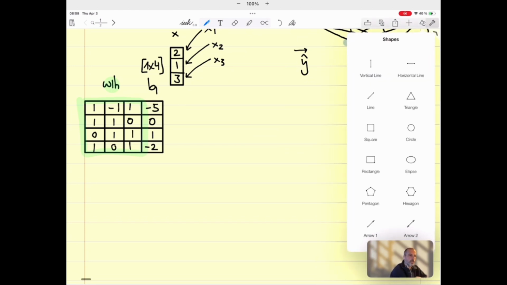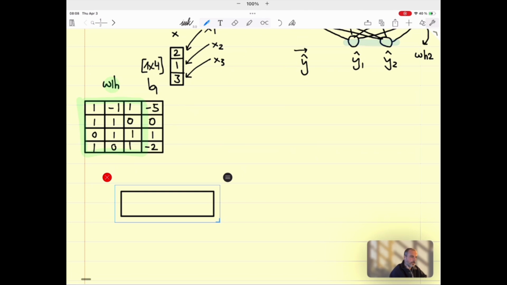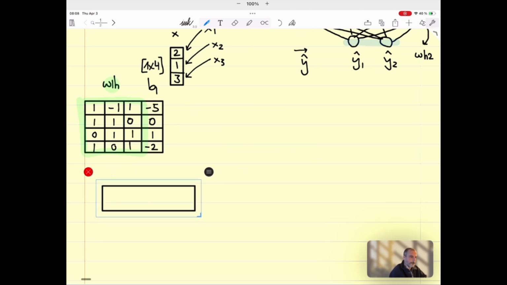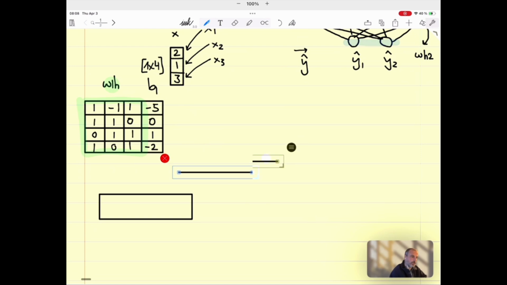So this is going to be something like this. And remember, we are only doing the forward pass, okay? So this is just simple as a pimple.